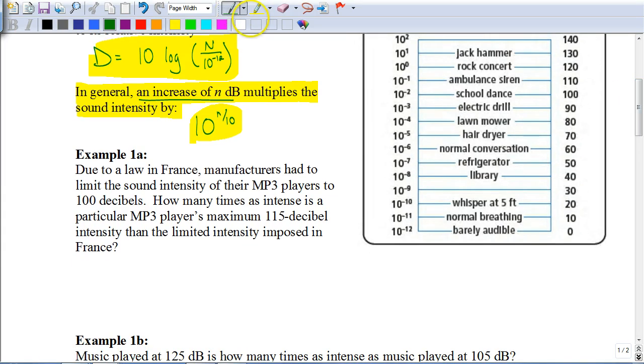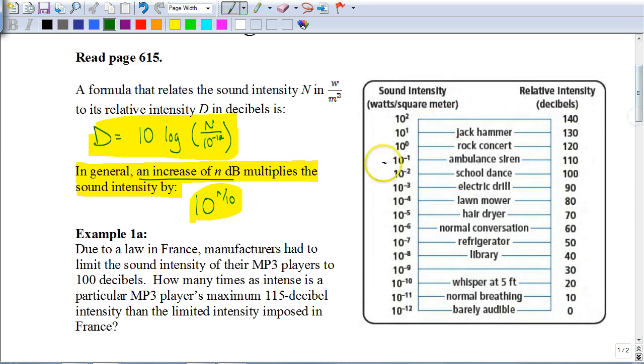Well, first off, before we do that, this gives some different sound intensities measured in watts per square meter. And you're familiar with seeing things measured in decibels. For example, maybe you'll hear that a lawnmower is 80 decibels. When you go to the school dance, that's approximately 100 decibels.